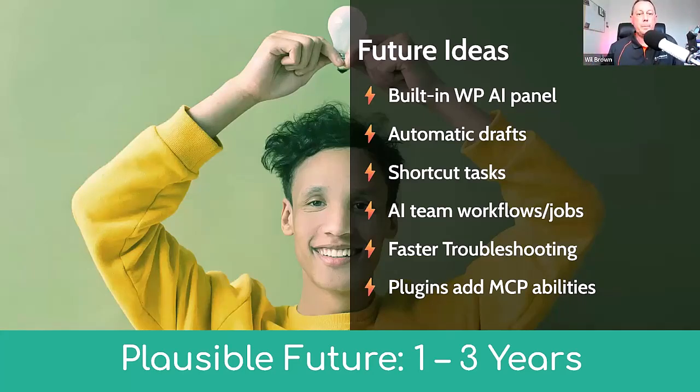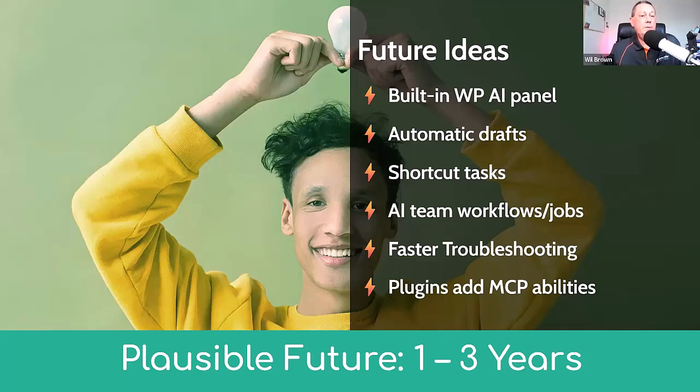Fast support and troubleshooting. So when a client says my site feels slow, AI could gather all those facts instantly using those safe abilities. You get the real story without having to click through 10 menus and check out all the plugins and all that sort of stuff. So I think AI is going to really help in that WordPress client site maintenance role.